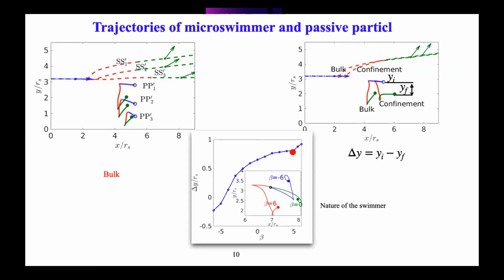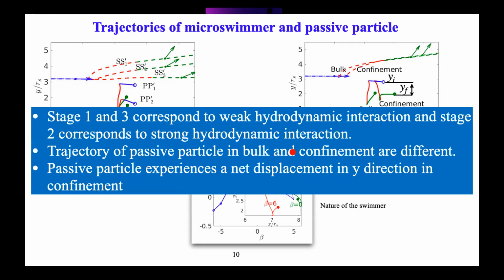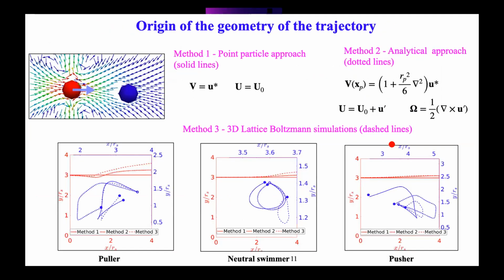So here we see that stages 1 and 3 correspond to weak hydrodynamic interaction, and stage 2 corresponds to strong hydrodynamic interaction. The trajectory of the passive particle in bulk and confinement are different, and the passive particle experiences a net displacement in the y direction in confinement.